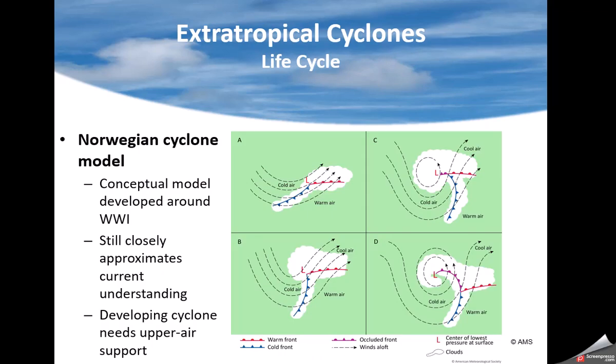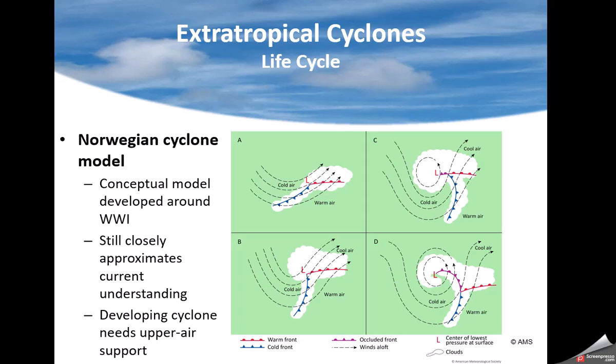The Norwegian cyclone model has been around for years, and it really is the best model for giving a conceptual view of how these extratropical cyclones we're going to talk about form. An extratropical cyclone forms because you have cold air and warm air close to each other, the contrast in air masses.